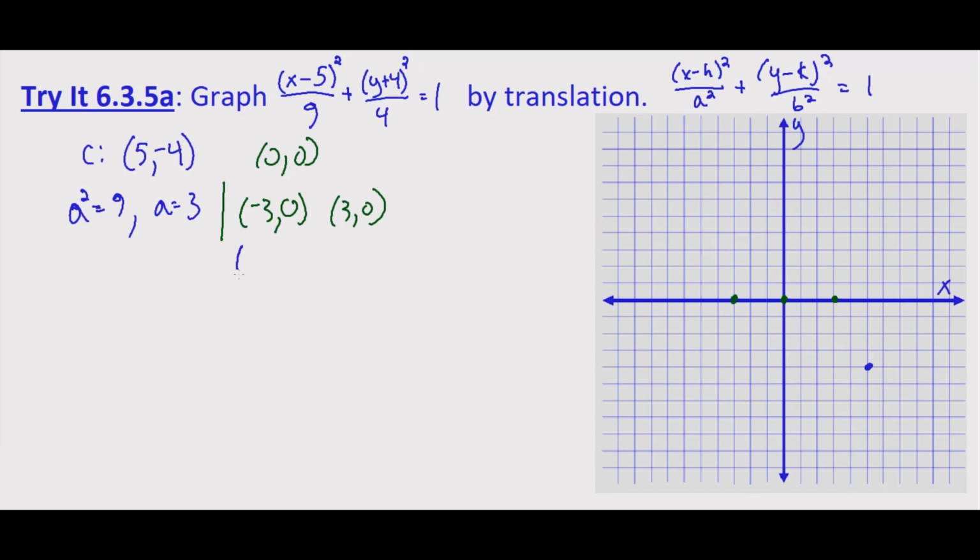So -3 plus 5 is going to be 2, and 0 minus 4 is going to be -4. 3 plus 5 is going to be 8, and 0 minus 4 again is -4. So we know we're going to have a point at (2, -4), and we're going to have a point at (8, -4).